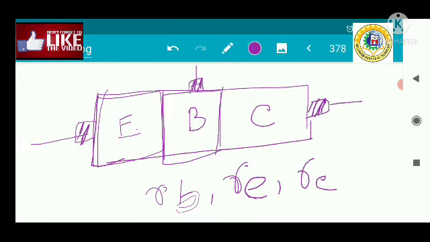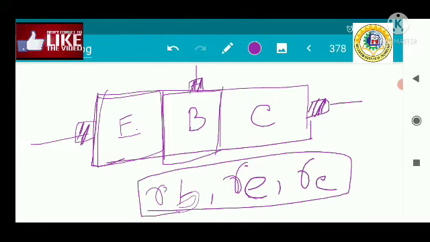The concept is that the metal contact with the semiconductor gives rise to these resistances.